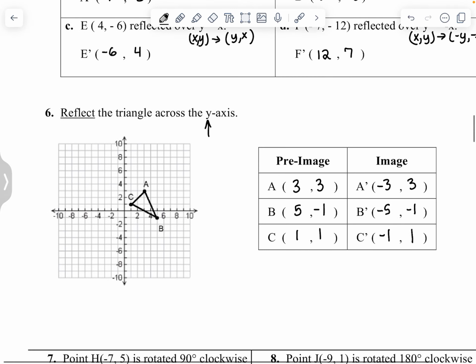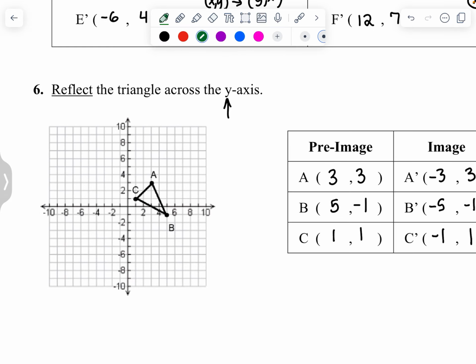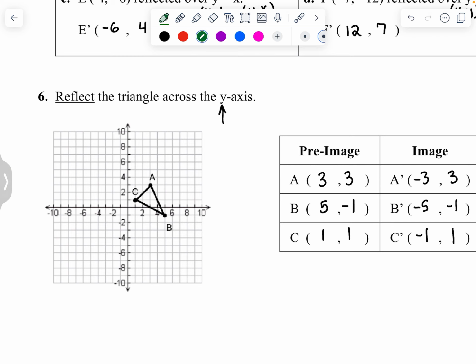And so where's our image? Let's find out. A prime is at (-3, 3). B prime is at (-5, -1).